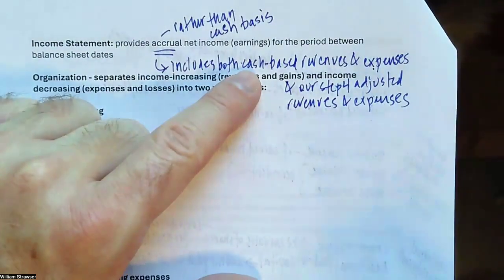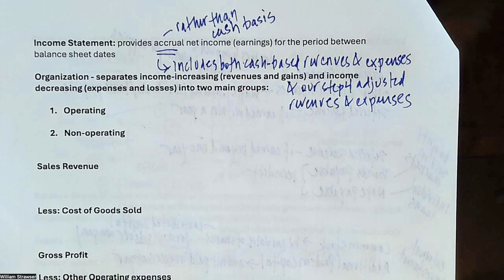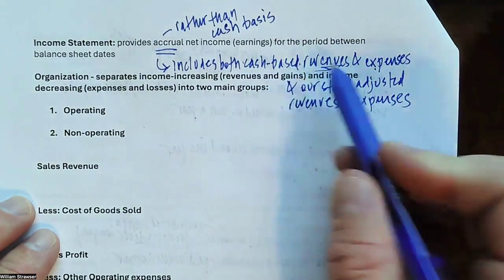Cash-based revenues and expenses occur when I perform the work for a revenue. I perform the work or deliver the goods and I receive cash at that moment. So the earning and the cash come at the same time. In those instances, I can record a revenue with the cash in hand.